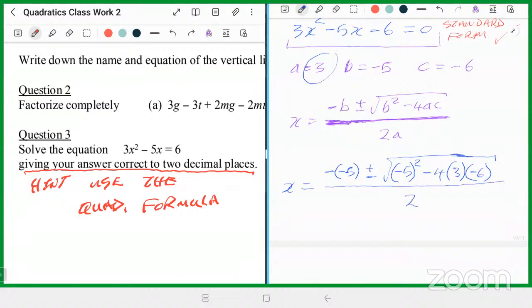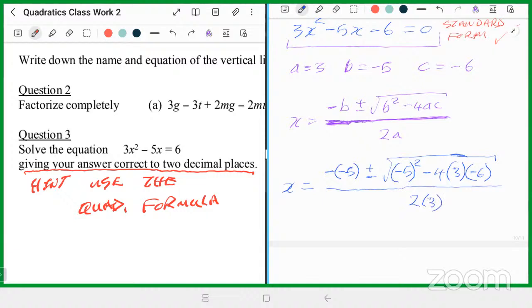The a is 3, so 2 times 3. This is where some persons extend this down and put the 2a under here, and that is wrong. Don't do that. It is all over 2a. Everything over the 2 times a, which is 3.